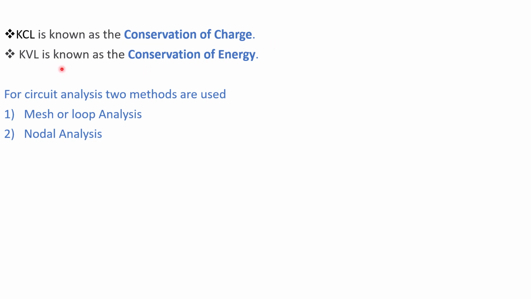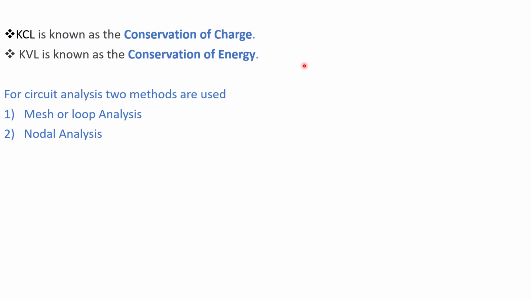Now come to KVL. It is also known as conservation of energy. In KVL, we apply voltage, or you can say the algebraic sum of all the voltages in a closed path is equal to 0. For applying this voltage, I current will flow, and this I current will be provided by a charge Q. So you can say V is equal to W by Q, that is for Q coulomb.